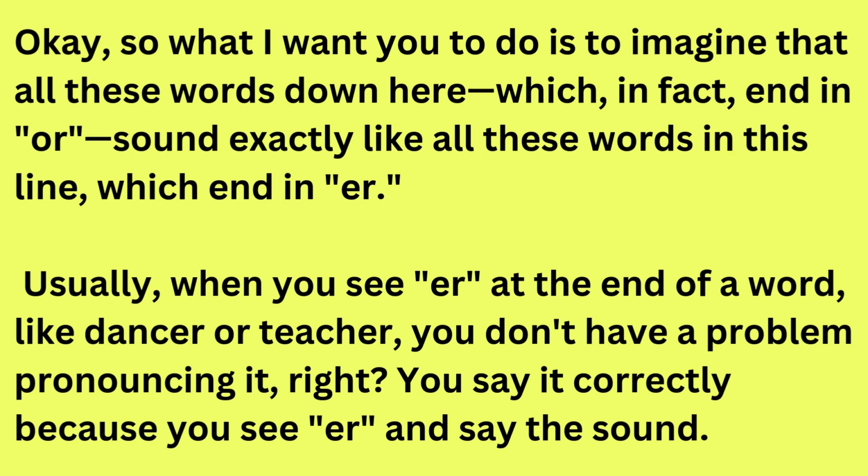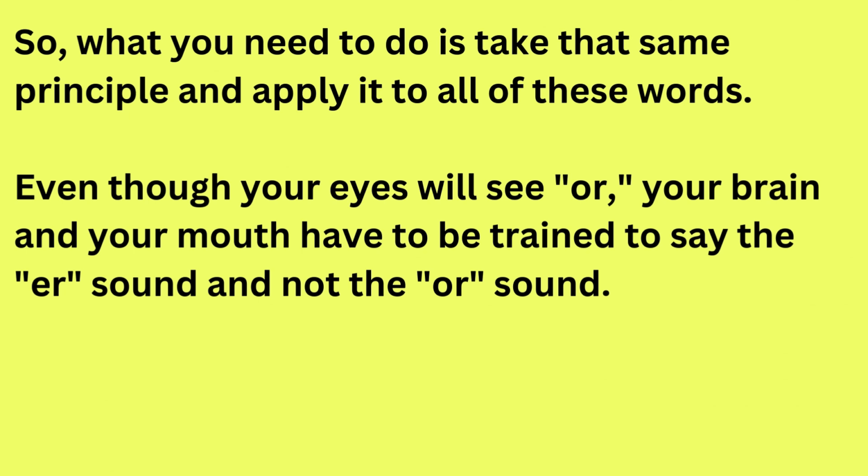Usually when you see "er" at the end of a word like dancer or teacher, you don't have a problem pronouncing it, right? You say it correctly because you see "er" and say the "er" sound. So what you need to do is take that same principle and apply it to all of these words.